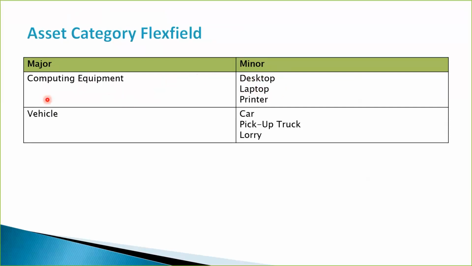If you select vehicle here, then these are the values that you get: car, pickup truck, lorry, okay? So we will see how we can create dependent value sets, but you can also have them as independently validated value sets, right? But that's something that we will see clearly when we are doing the practical implementation.